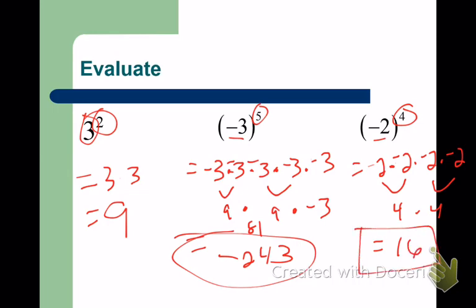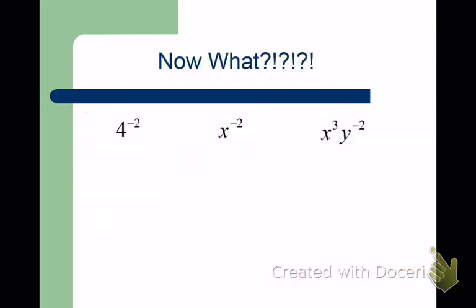So just a quick reminder that a negative base with an odd exponent gives a negative result. A negative base with an even exponent gives a positive result, and that's why. Okay? All right. Now, what happens if our exponents are negative?